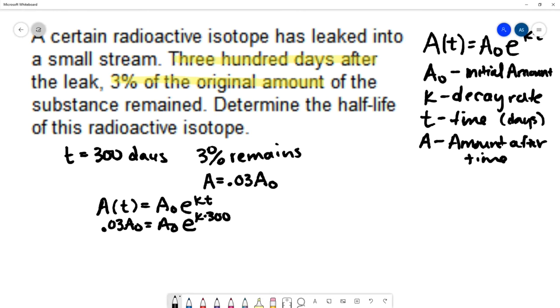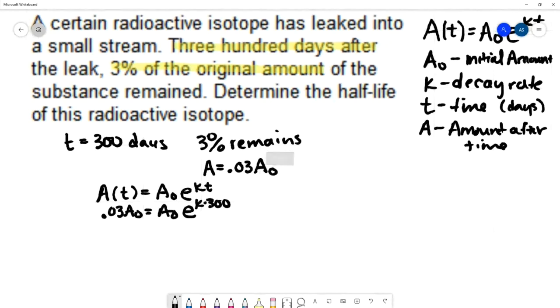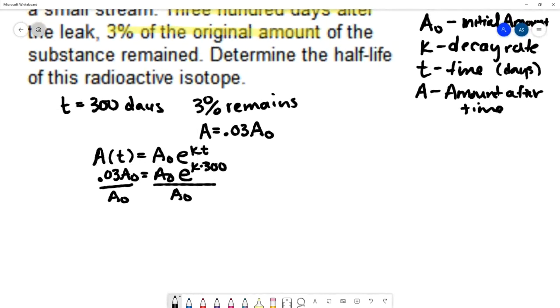Now we're going to start solving this exponential equation. We're going to divide both sides by A naught, and that A naught cancels on both sides. We get 0.03 equals e to the 300k.